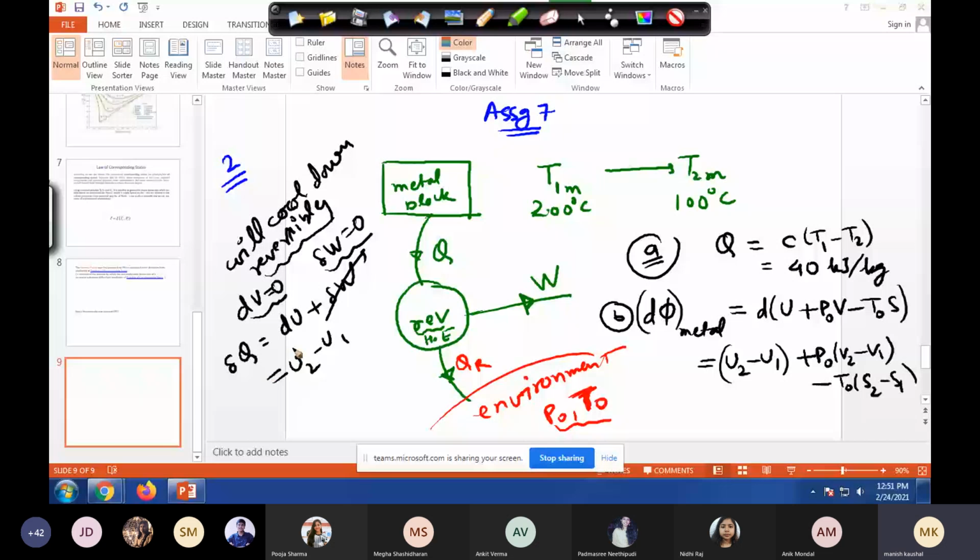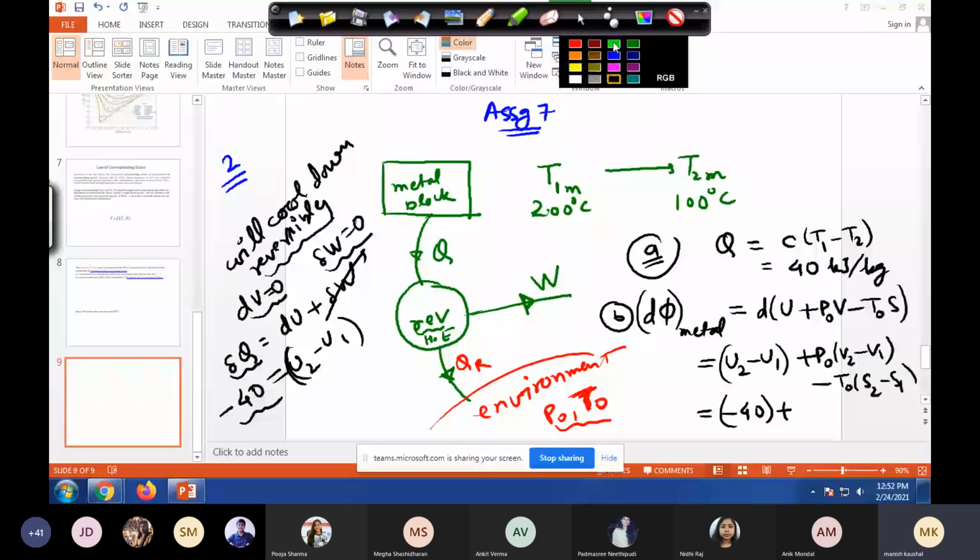Metal is rejecting heat, so minus 40. So U2 minus U1 is going to be minus 40. Then P naught times V2 minus V1: there is no V2 minus V1, because it's a metal, so that term is gone. Now minus T naught (S2 minus S1).